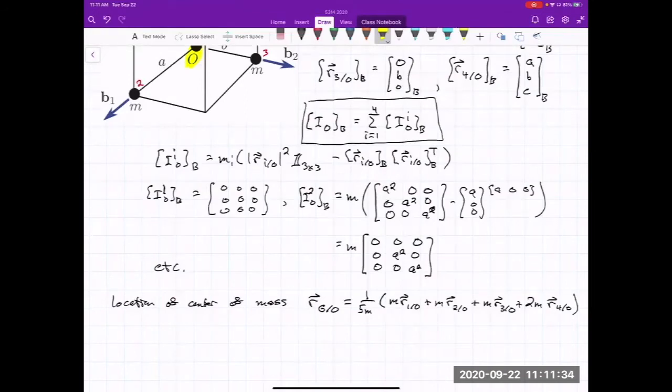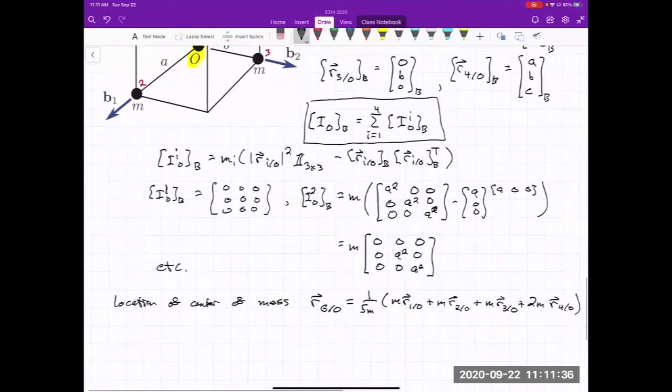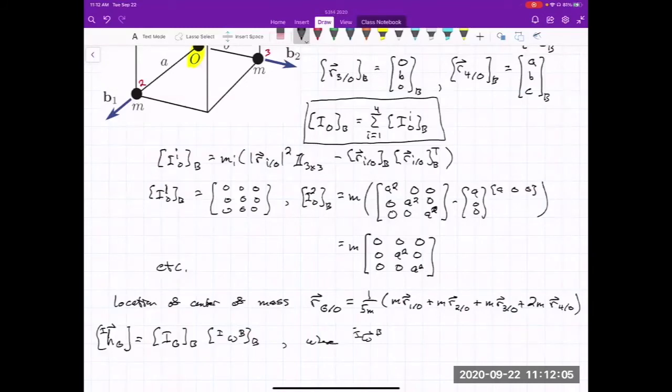And then if you wanted to get the angular momentum, this would be this times I omega B, written in the B frame, where that angular velocity written in the B frame is going to have components omega 1, omega 2, omega 3.